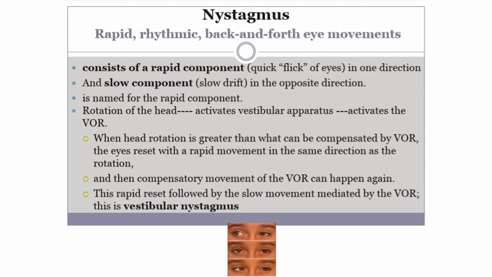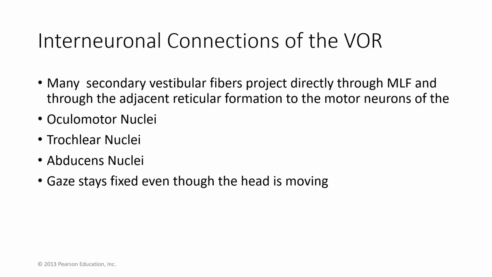So when head rotation is greater than what can be compensated by VOR, the eyes reset with a rapid movement in the same direction as rotation. And then compensatory movement of the VOR can happen. This rapid reset followed by slow movement mediated by the VOR, this is vestibular nystagmus.